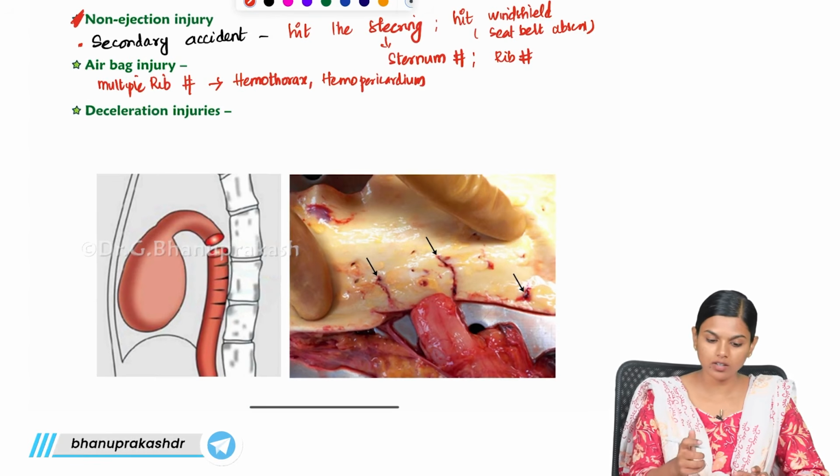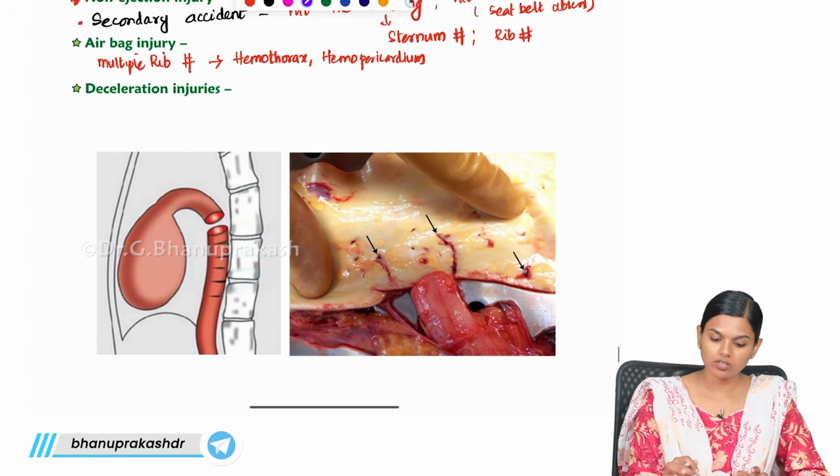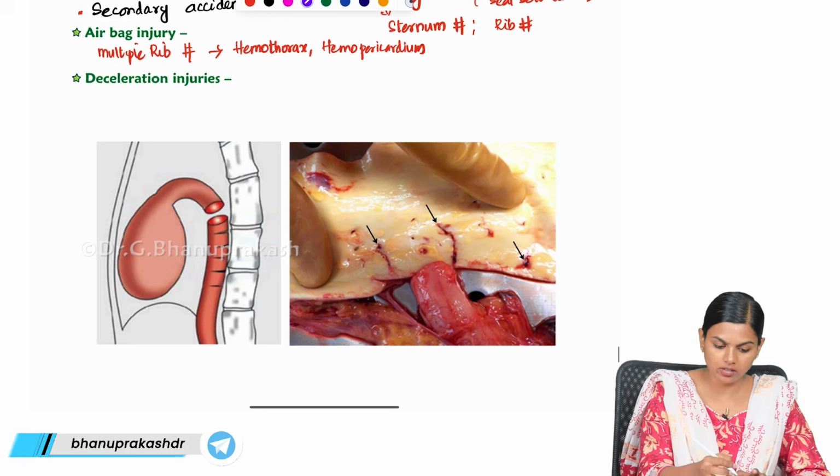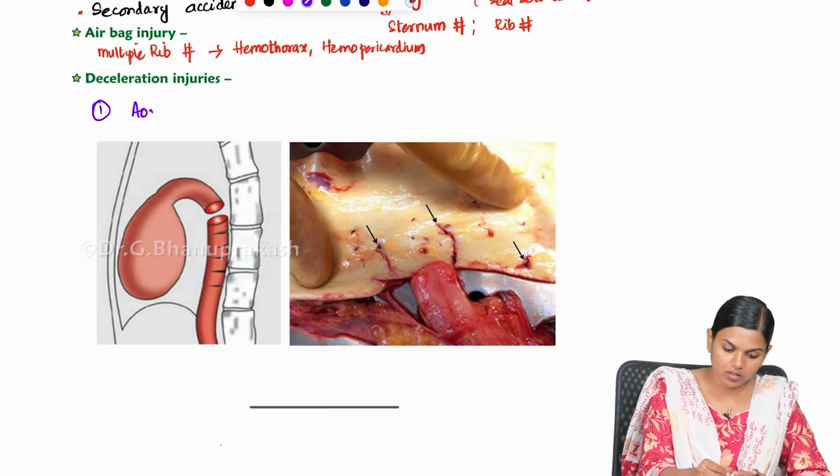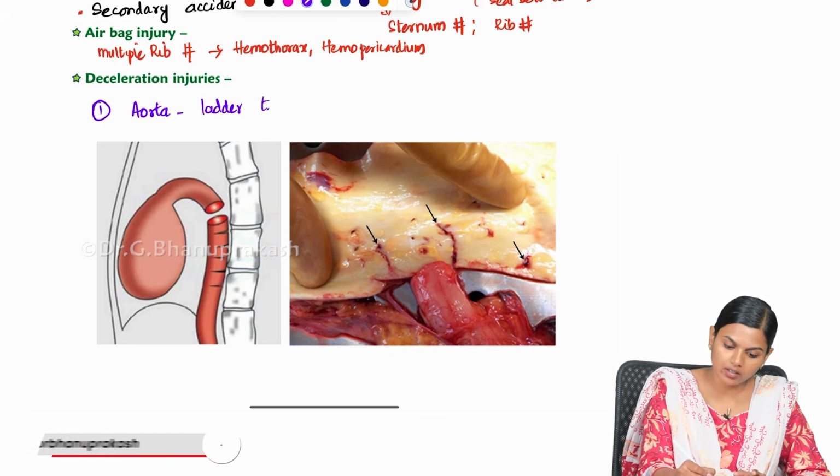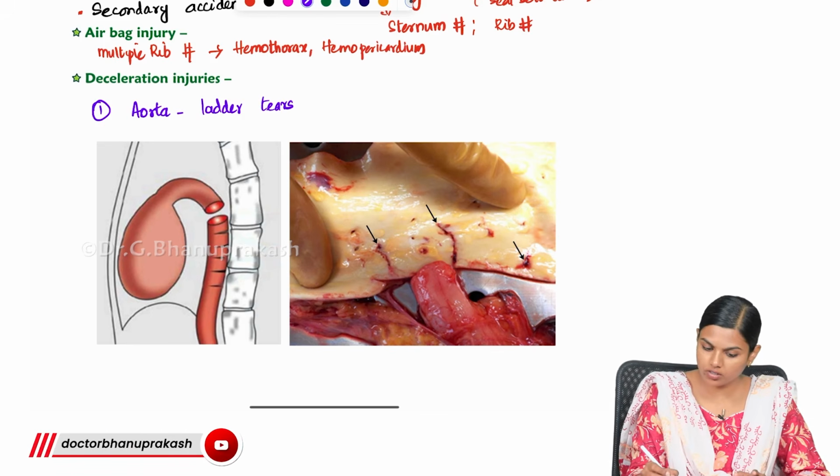And next, we have something known as deceleration injury. Because of the sudden deceleration, you will get to see certain important injuries. One is in the aorta, where you will see ladder tears. This is the intima of the aorta, and you can see these horizontally shaped tears.